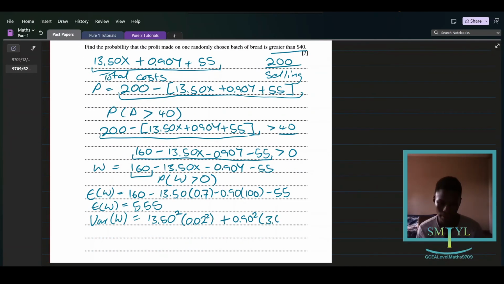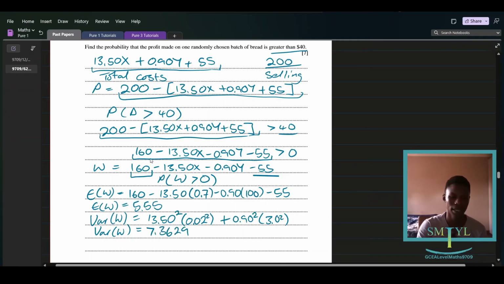The 55 doesn't have a variance since it's a constant. Now let's punch that into our calculator: 13.50 squared times 0.02 squared plus 0.90 squared times 3.0 squared, and this gives us 7.3629.